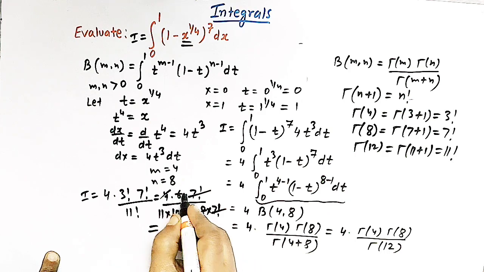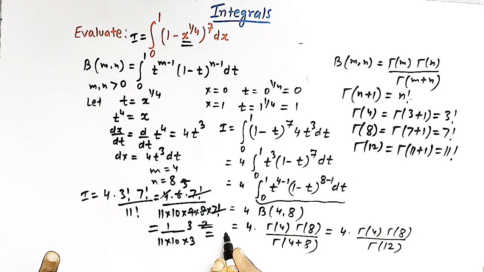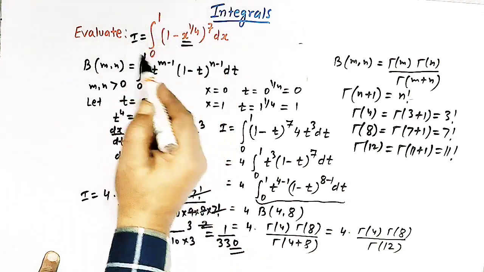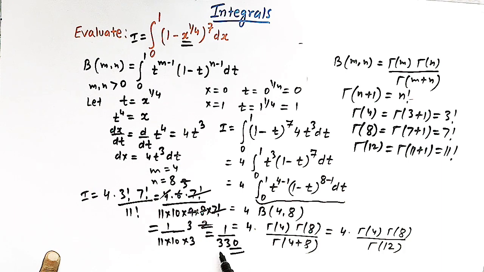Then we have 2 times 3 is 6, then 3 times 3 is 9. So we have 1 over 11 times 10 times 3, and this is equal to 1 over 330. So the value of this integral I is equal to 1 divided by 330.